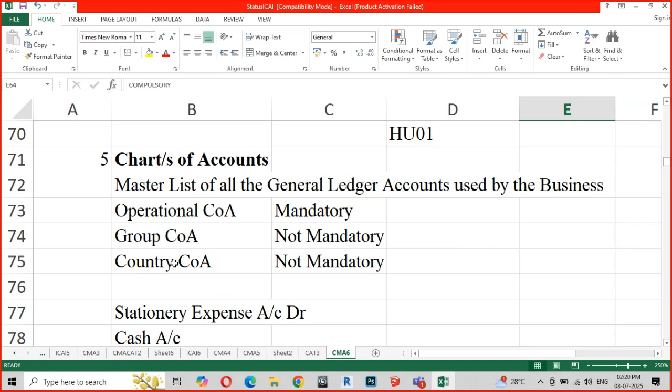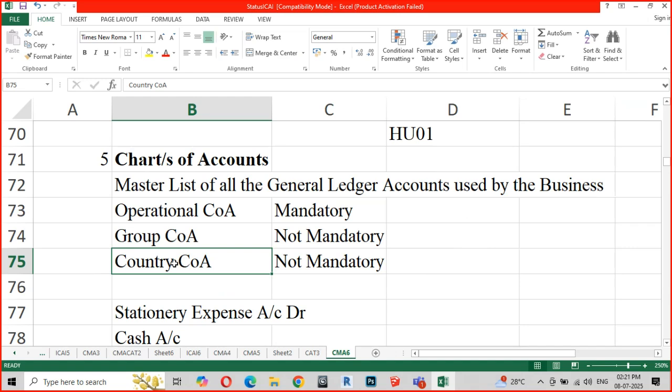What is country chart of accounts? At least I have not used a country chart of accounts in my 18 plus years in SAP. I do not remember having used it at all. But the reason SAP has provided you with this concept is whenever there is a unique requirement for a specific country.